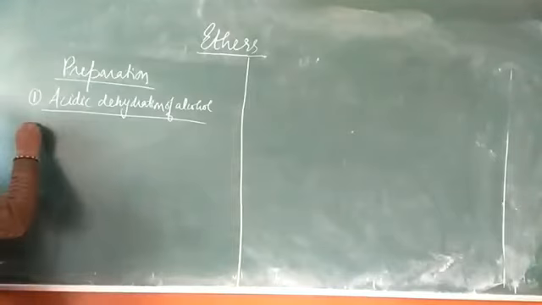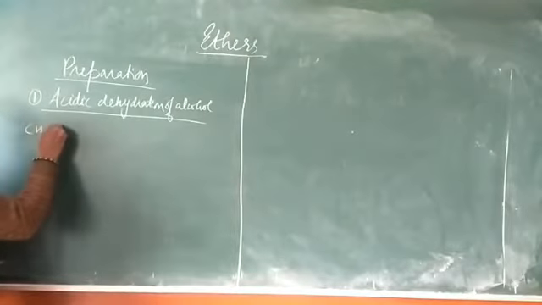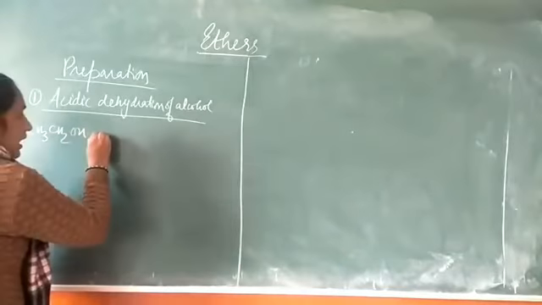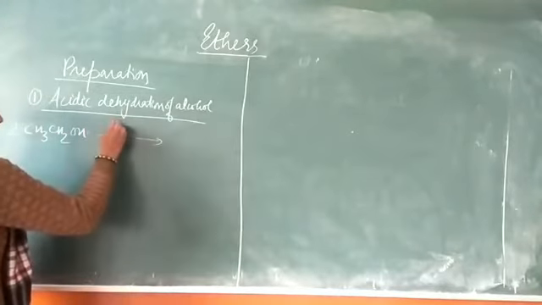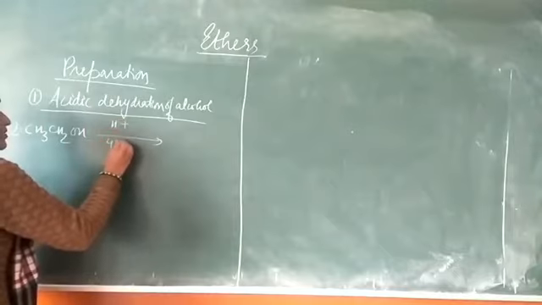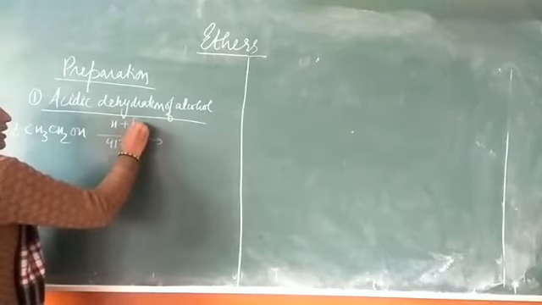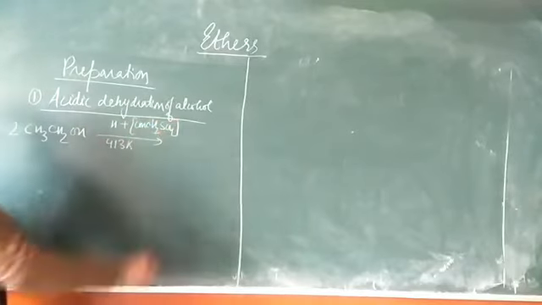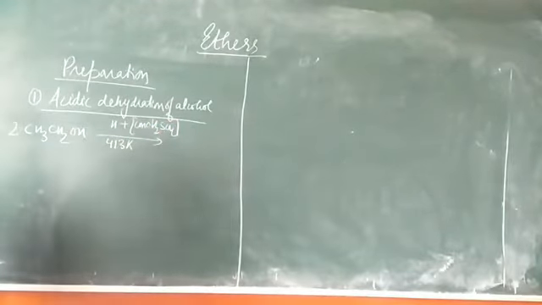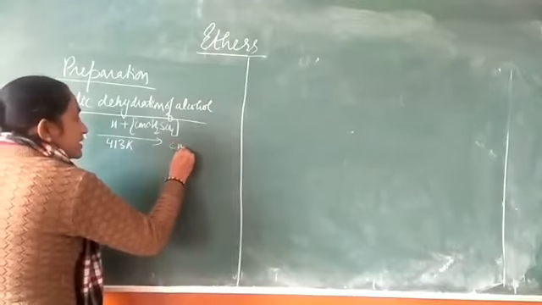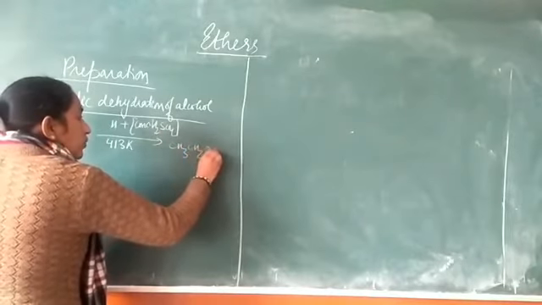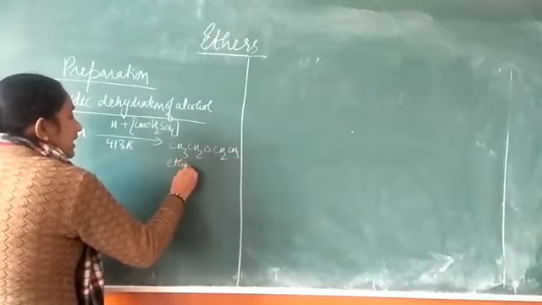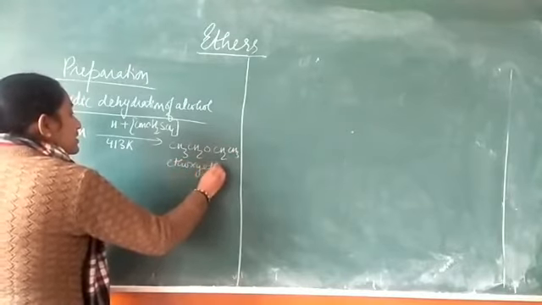Whenever an alcohol, let it be CH3CH2OH, ethanol, undergoes acidic dehydration at a temperature of 430 Kelvin, with concentrated sulfuric acid, at that time we will get CH3CH2OCH2CH3. That means we get an alkoxyalkane, here ethoxyethane.